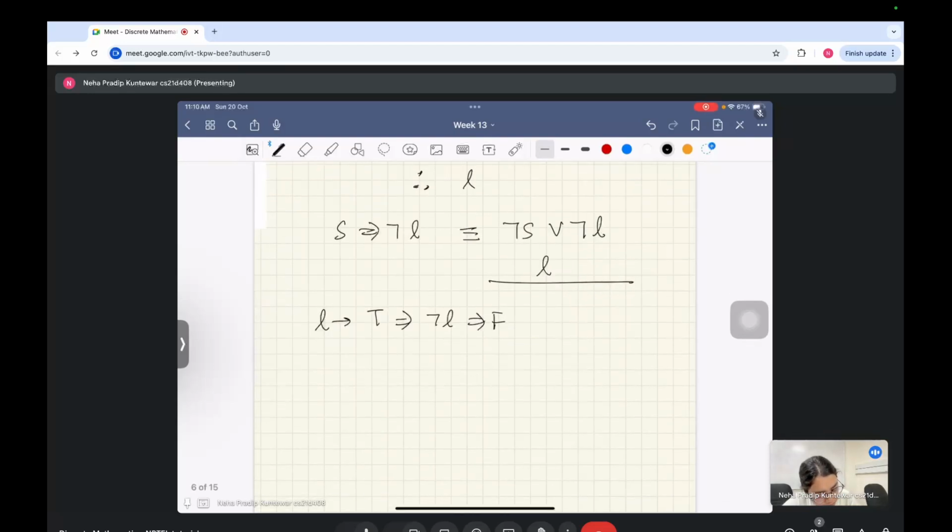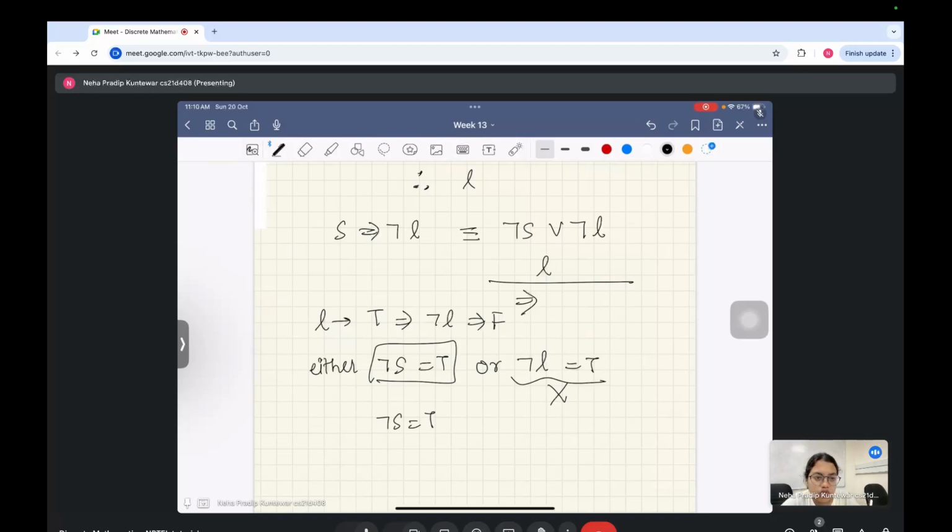Therefore, since that is not the case, it had better be the case that negation S is true. So what is the logical conclusion of this? The logical conclusion is negation S.